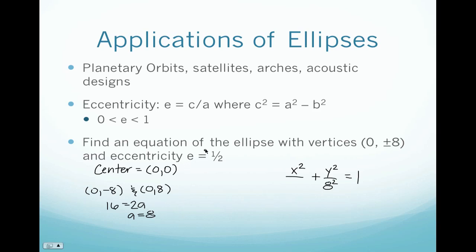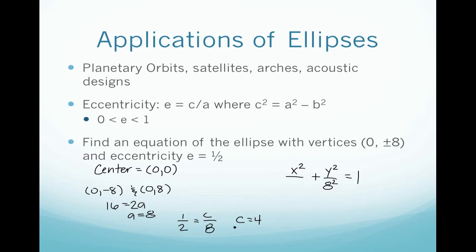Okay, so now that we know our major axis and we have our eccentricity, we can find our minor axis, because remember, our eccentricity is c over a. So we have the value 1/2 equals c over 8. And then solving this, we get c equals 4, which is 8 times 1 divided by 2.